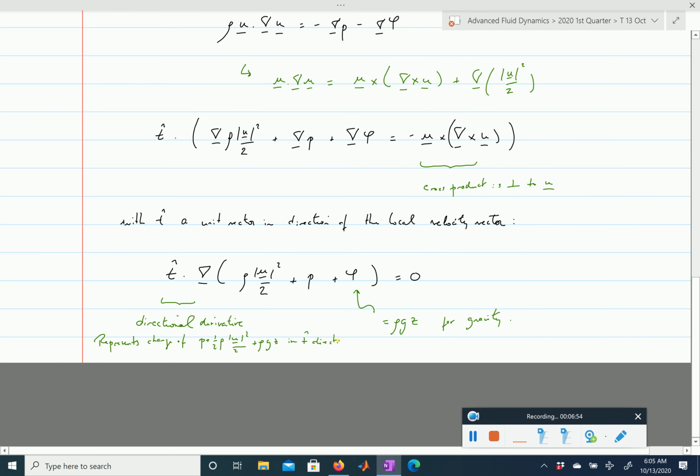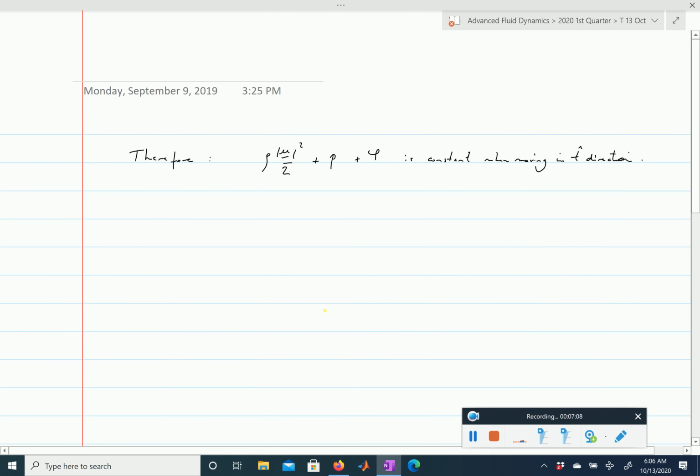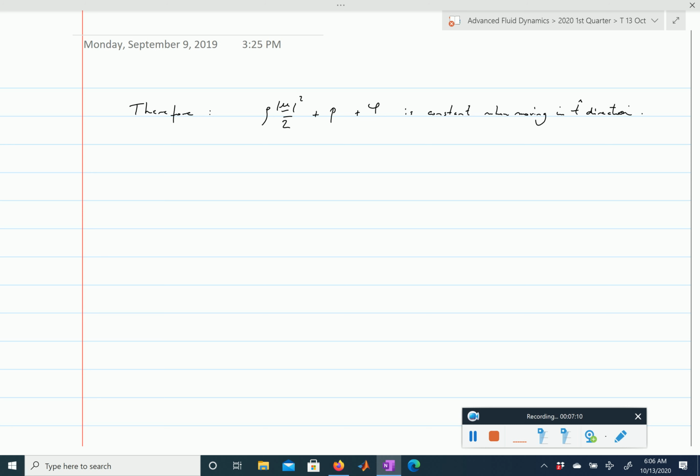And so note that what this equation tells us is that this function does not change in the t direction, and therefore that this function here is constant if we're moving along the t direction. And one other way to say that is that this function, p plus 1/2 of rho u squared plus the force potential, has to be constant along a streamline. And that here is the weak form of the Bernoulli equation.